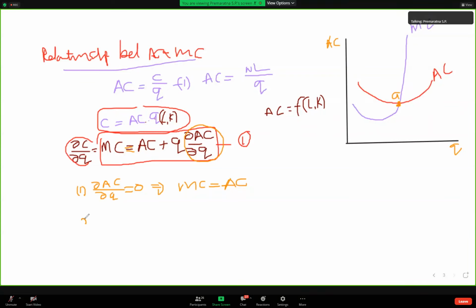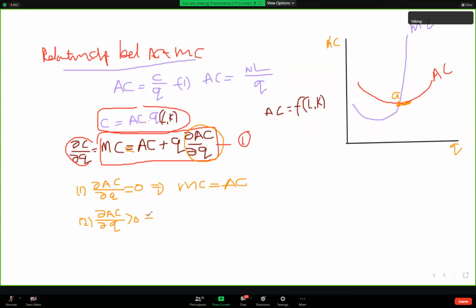Now, the second point we look at: if the slope of the average cost curve is positive. So we are talking about the range here after the minimum, with a positive slope.